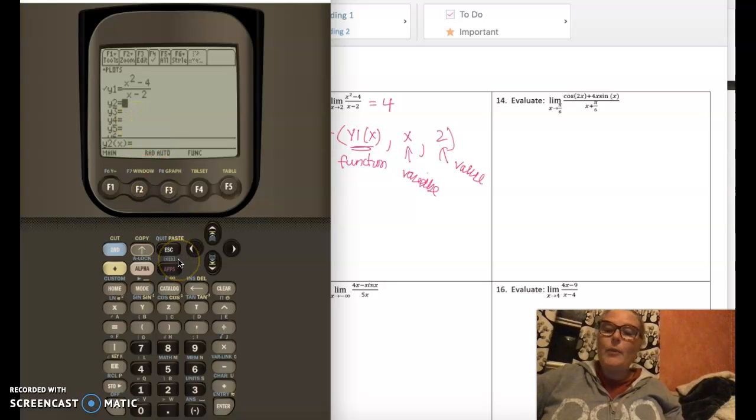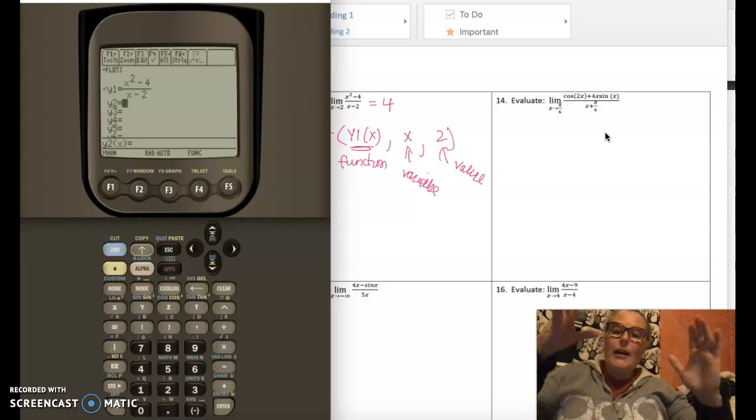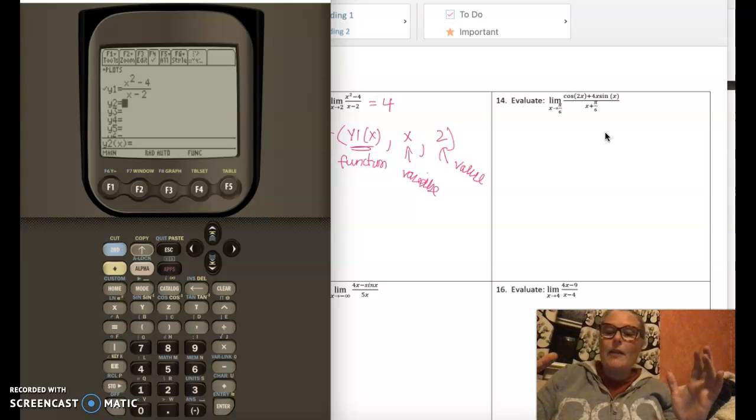The one hiccup that the 89 has is that if you have, for example, over here, you have 4x times sine of x. When you have x times sine of x, the calculator will read x sine of x as one variable unless you put a times symbol in between. So you can write 4x, but you have to write times in between the x and the sine.